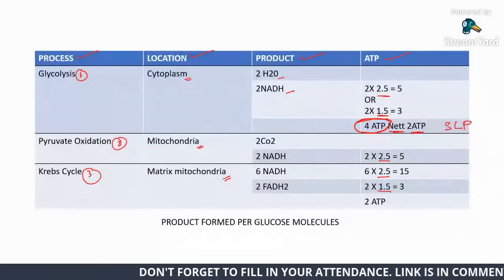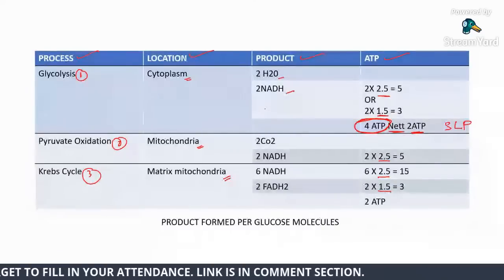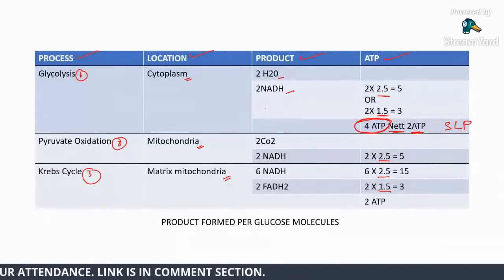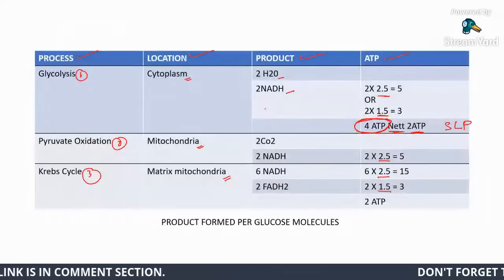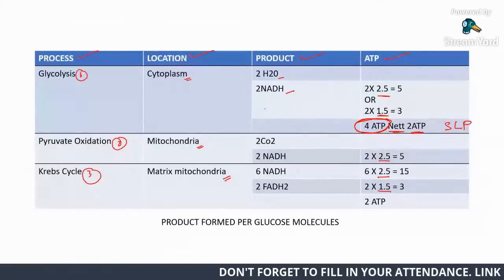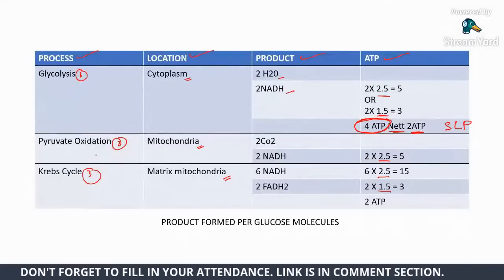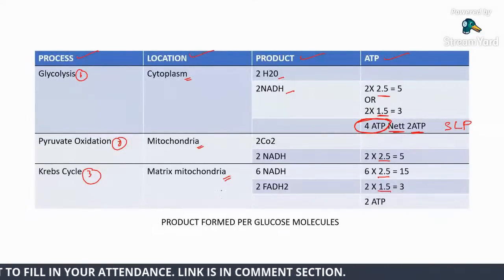Right, sebab berapa banyak ATP dihasilkan? Memang 4. ATP yang dihasilkan memang 4, tapi kita kata ada 2 je sebab kita tolak dengan penggunaan dekat energy investment phase. Right? So I will always encourage you to answer 4 ATP net 2.